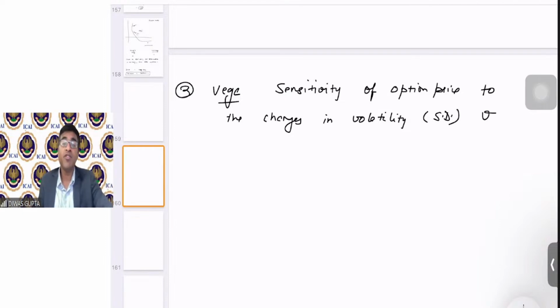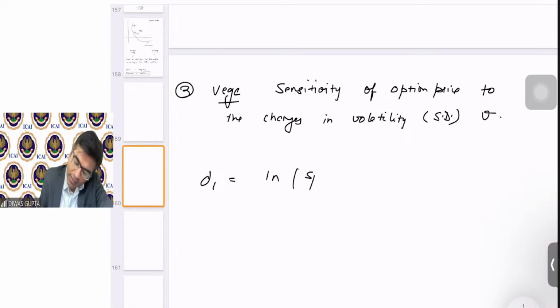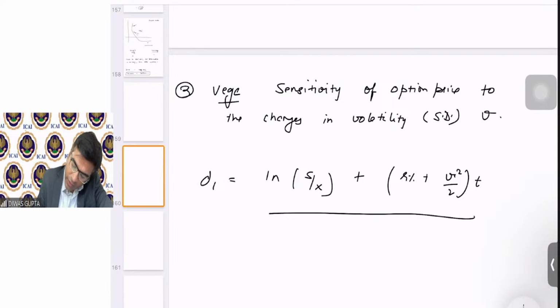It is again stemming from the same thing. What we understand, D1 is equal to natural log of S by X plus R plus V square divided by 2 into T, whole divided by V under root T.